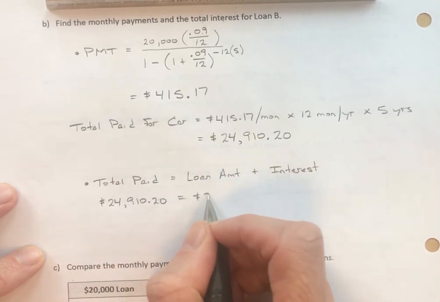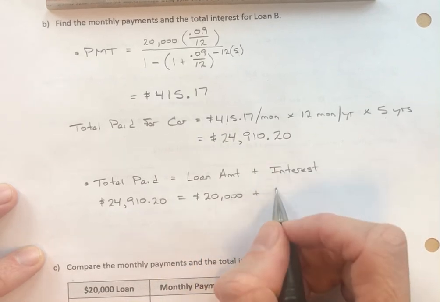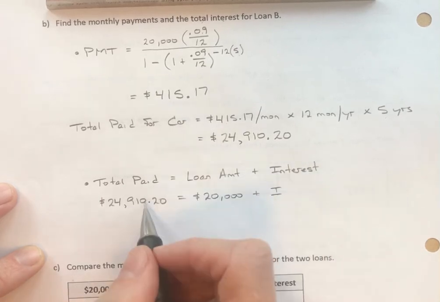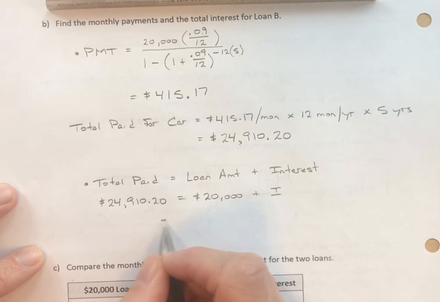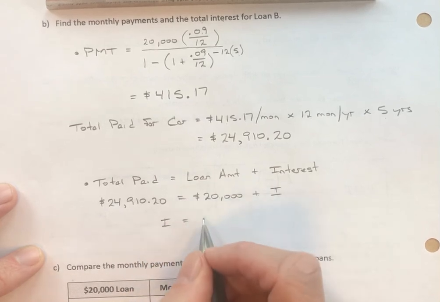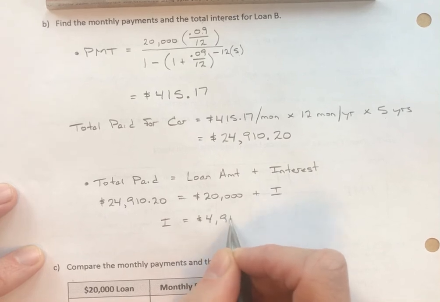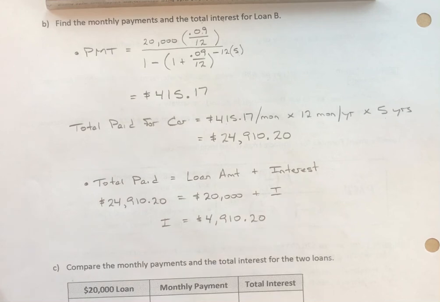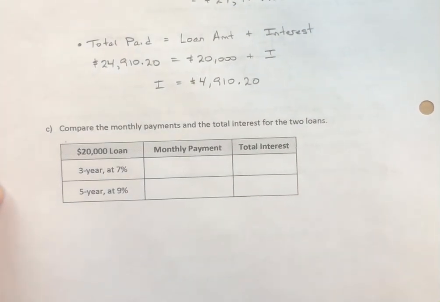The loan amount was still the same, $20,000, and the remainder is going to be interest. The loan amount plus the interest is equal to the total paid. So let's subtract $20,000 from both sides, and the amount of interest in this situation is $4,910.20.